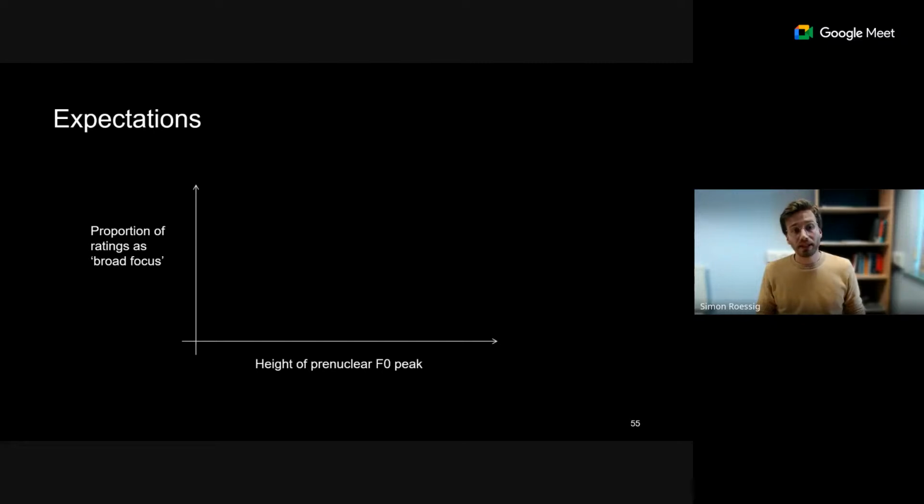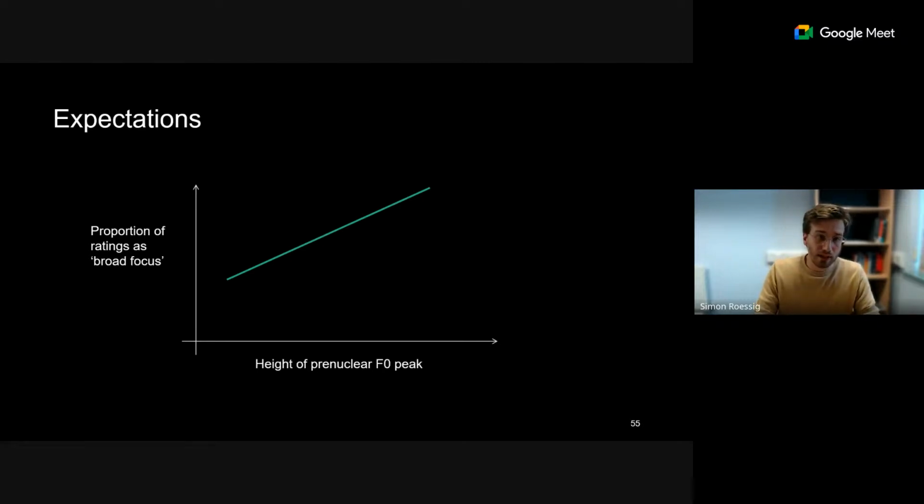Now, these are the expectations. If we look at a diagram with the height of the prenuclear peak on the x-axis and the proportion of ratings as broad focus on the y-axis, we expect that higher prenuclear peaks lead to higher proportions of ratings as broad focus.